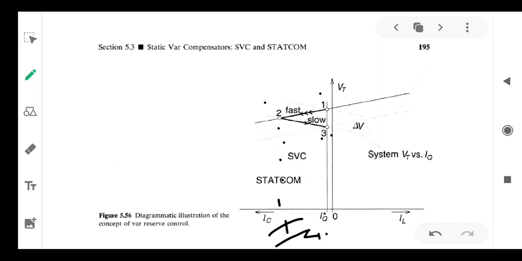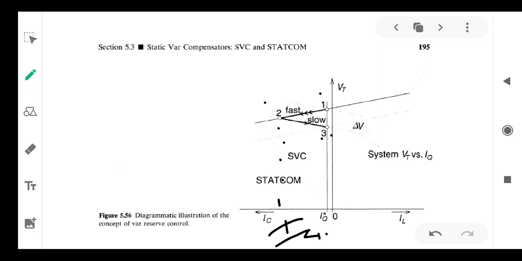Therefore, the compensator will supply IC1 and operate at point 2. In the meantime, there is a change in voltage, delta V. That change in voltage will give you the error. That error is passed through the slow acting integrator, which will take some time.